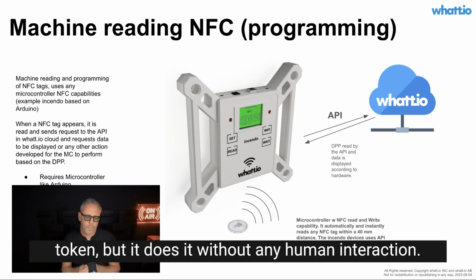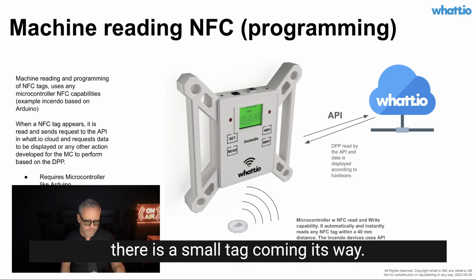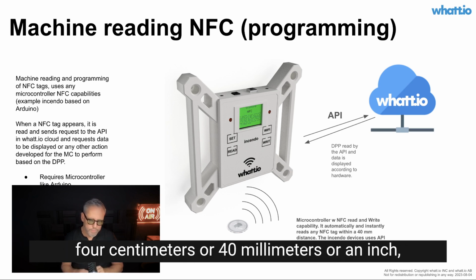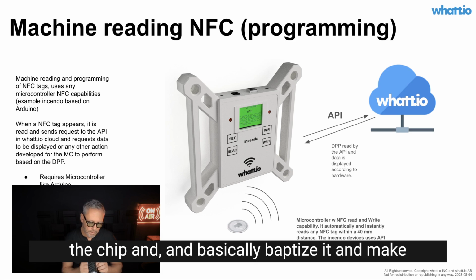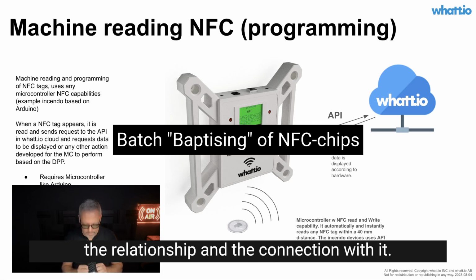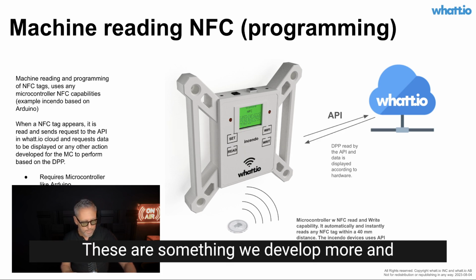It does it without any human interaction, and it just needs to sense that there is a small tag coming its way, and when that tag is within reach, approximately 4 centimeters or 40 millimeters, or an inch, 1.5 inch, it will automatically burn the chip and basically baptize it and make the relationship and the connection with the What.io cloud.